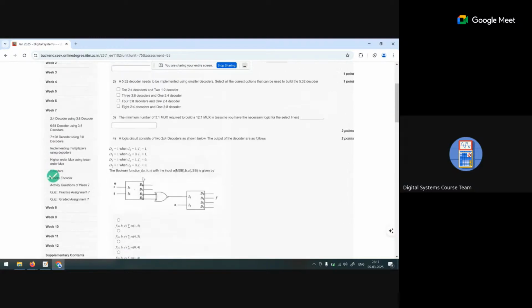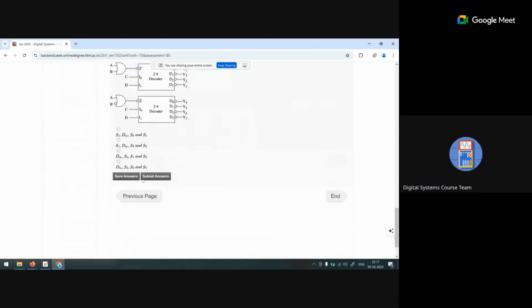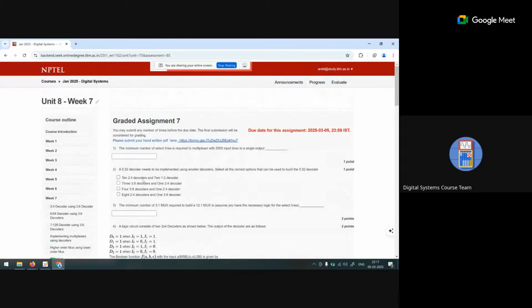The option is available and the option is correct for this one. Graded assignment 7, question number 4, options are available. The correct option will be there.